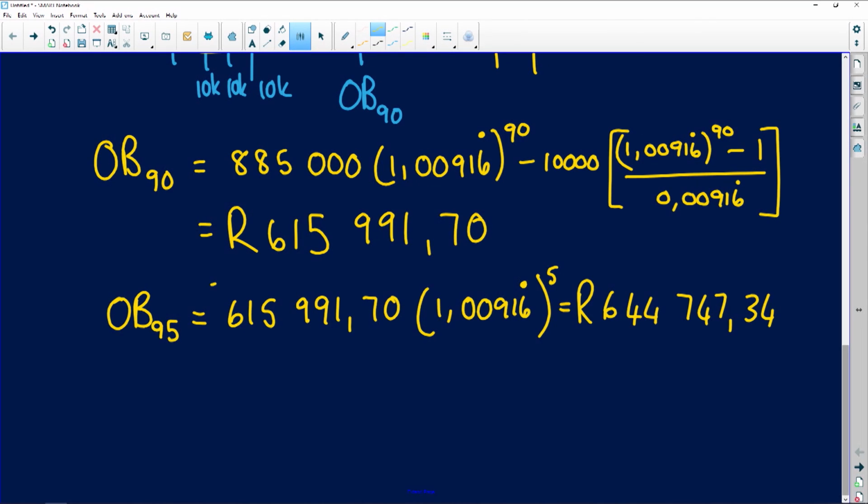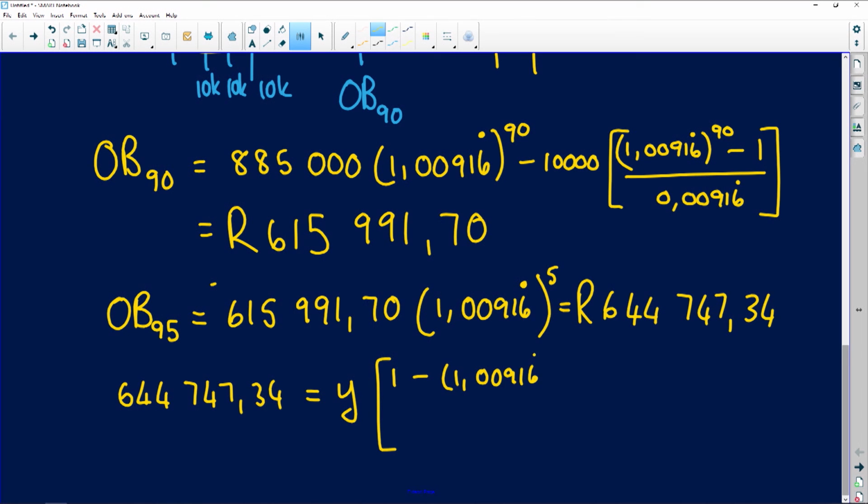If I now want to pay the loan off, this is the third part of it. This is the present value of the loan, 644,747.34. The payment is going to change. 1 minus 1.00916 recurring, we'll work out the power now, over 0.00916.